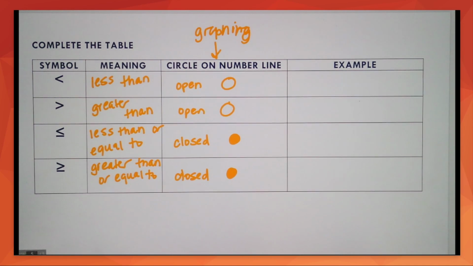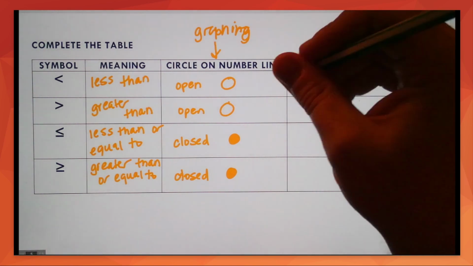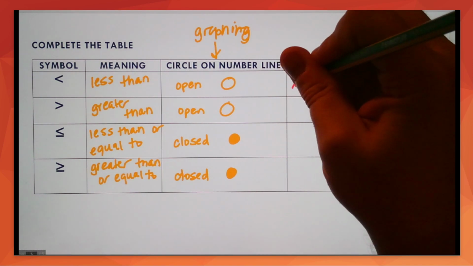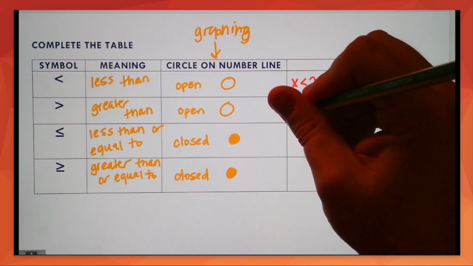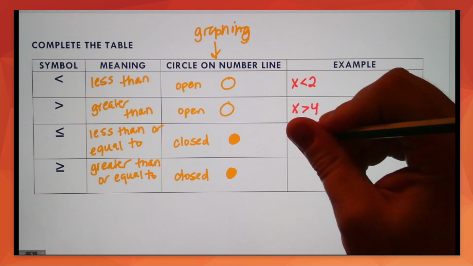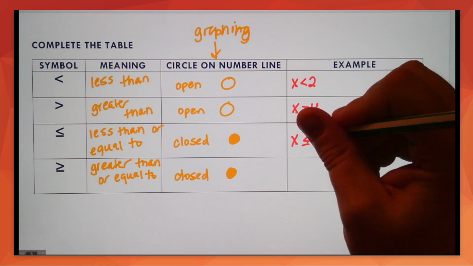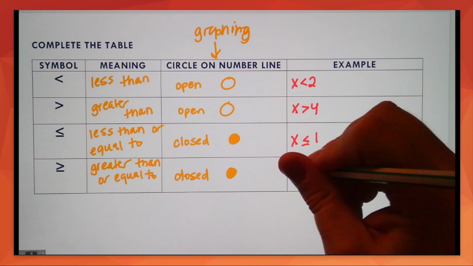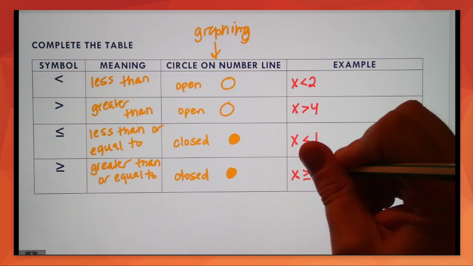Okay, we're also going to do an example. So I'm just going to use x as my variable for all of these, but you can do any example you want to. We're going to use something simple like x less than 2, x greater than 4, x less than or equal to 1, x greater than or equal to 10.